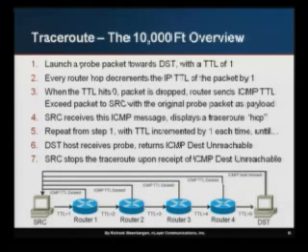So, how traceroute works. Here's the 10,000-foot overview. The source that's doing the traceroute launches a packet towards the destination, and they launch an initial packet with a TTL of 1. Every time a packet goes through a router, the TTL is decremented by 1.